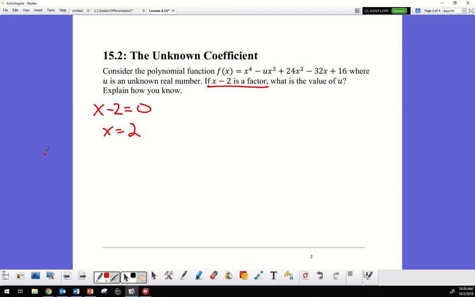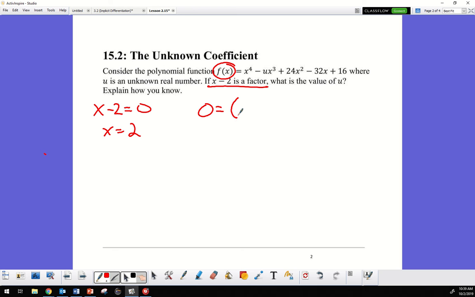All right. So we know this is super important. So important, I'm going to say it in multiple languages, that when x is 2, this is supposed to be equal to 0. So let's go ahead and plug that in and see what I get. So I know that this is supposed to be 0. So I'm going to put 0 equals, and my x value is supposed to be what? 2.